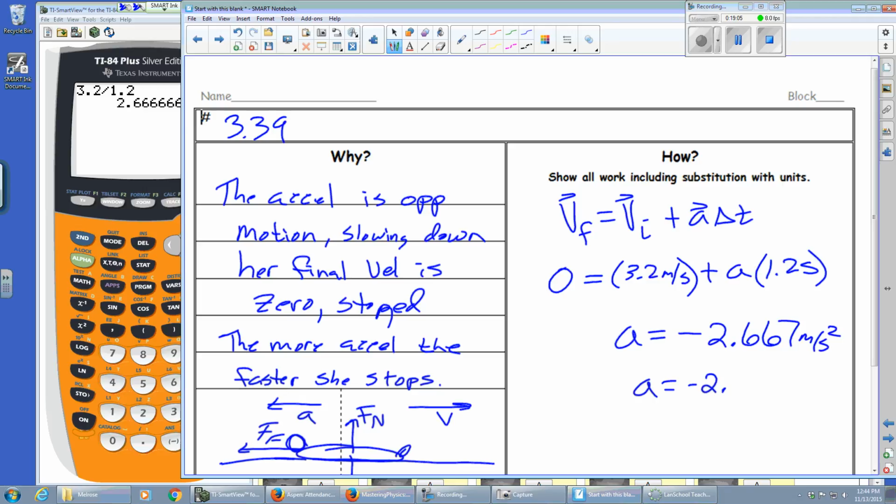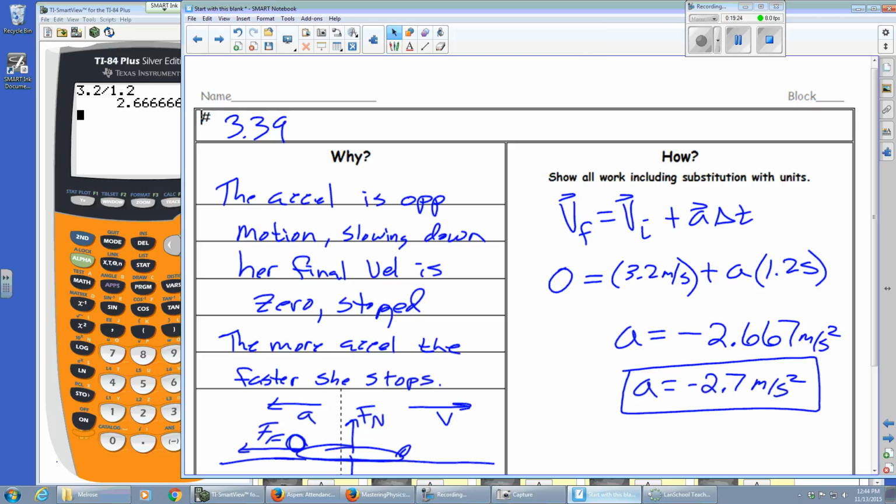So in 2 sig figs, negative 2.7 meters per second squared. You just have to rearrange. I brought the 3.2 to the other side, which made it negative because they're added together. And then to get the A alone, I divided both sides by 1.2.